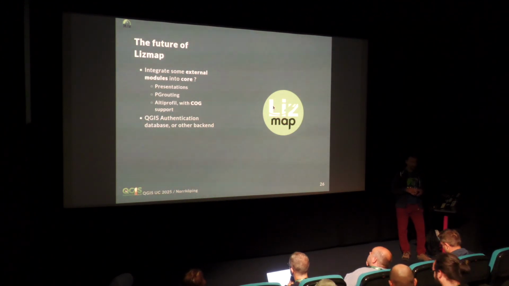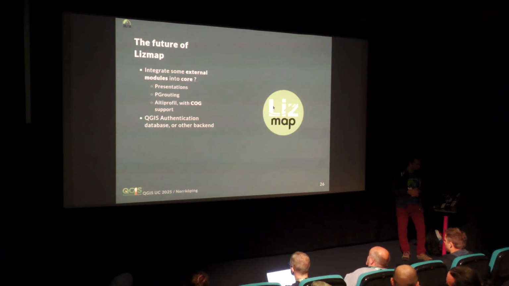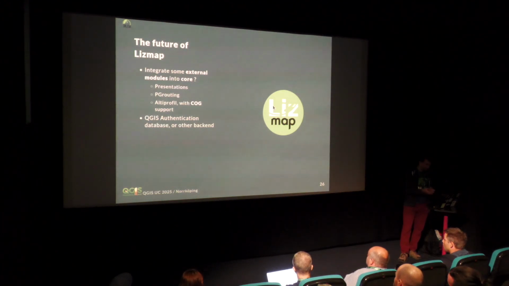As I said, we want to integrate some modules into core, like presentations and pgRouting. The profile is to draw a line, and using a DEM or an API from our French provider, we can then get the altitude profile of the line. We want to support the COG raster for drawing this profile.